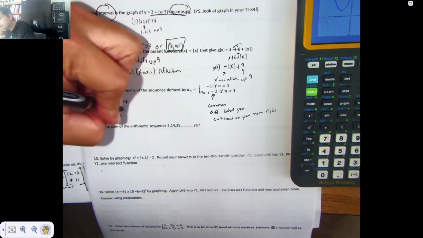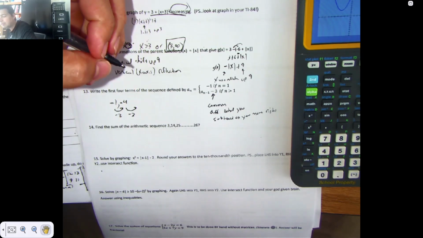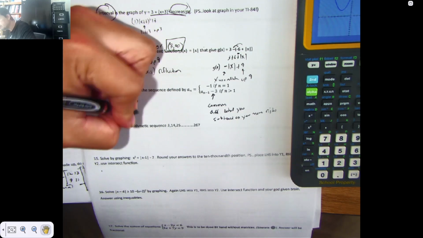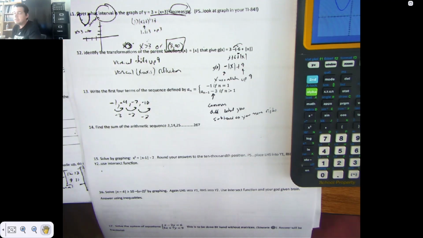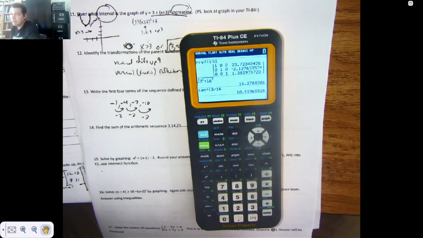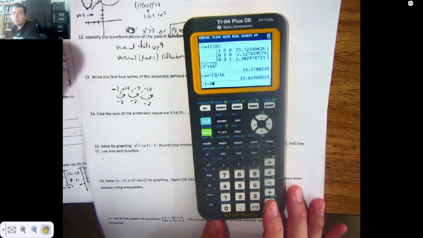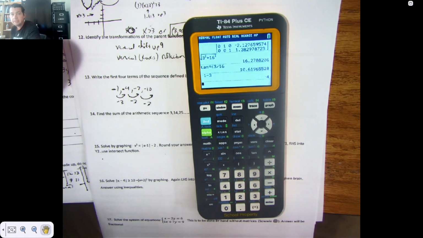Jesus loves you if you can't do this. That's going to give you -4. You're going to subtract 3 again. -4 minus 3 is -7. You're going to subtract 3 again. -7 minus 3 is -10. And if for some reason you can't do that, like, I hate modeling this. My calculator should cuss at me for even asking it such a thing, but whatever. -1 minus 3 is -4. See?